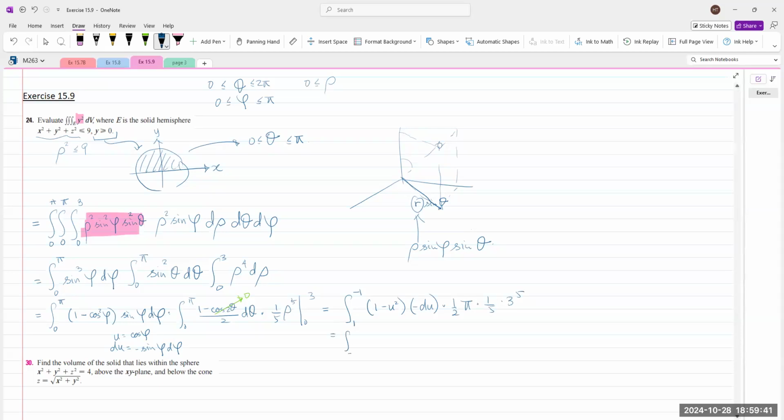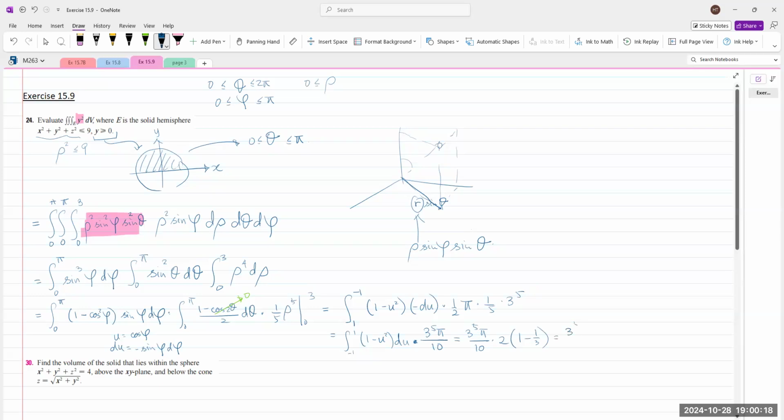It's the integral from negative 1 to 1 of 1 minus u squared du times 3 to the 5th pi over 10, which I can just put at the front. 2 times 1 minus 1/3, 4/3.